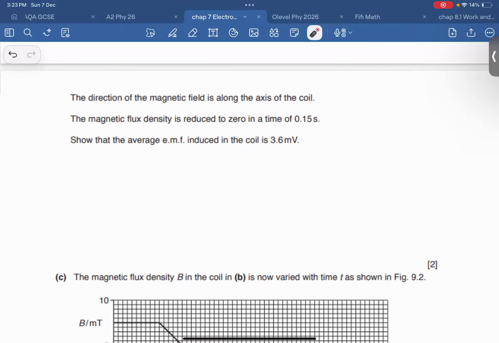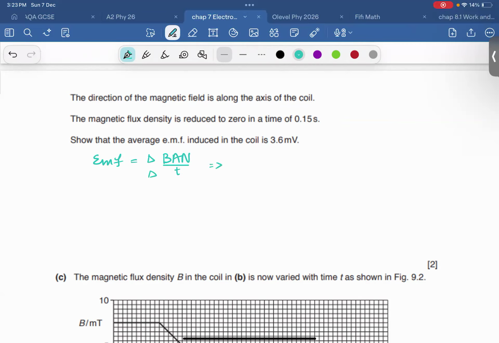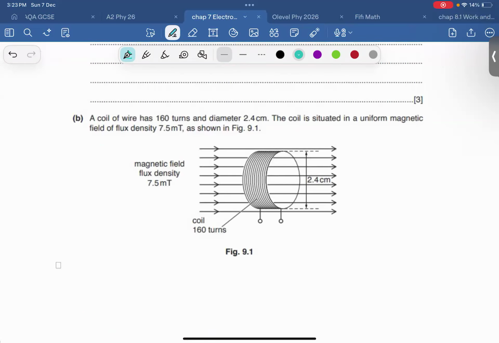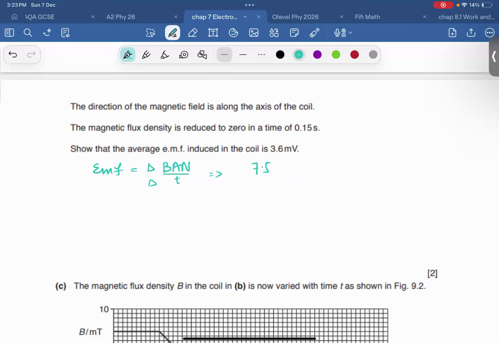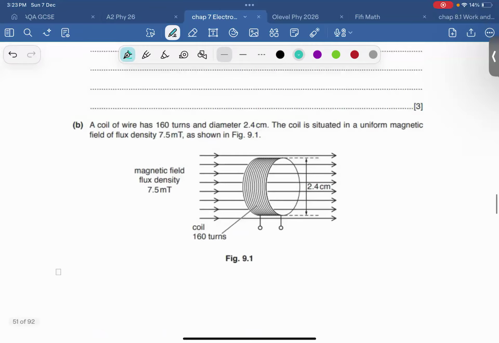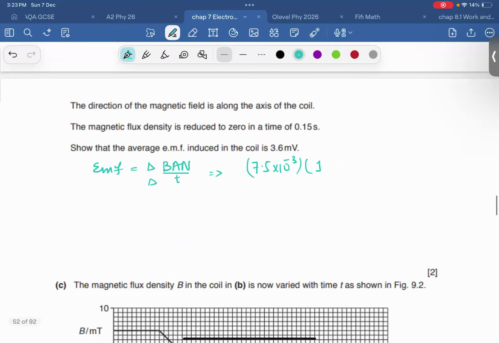So, average induced EMF. To find the average when the magnetic flux density is reduced to zero, you use the formula induced EMF equals BAN over t. You know that B is 7.5 millitesla, 7.5 exponent negative 3, and A is pi r squared: the diameter is 2.4, so the radius is 1.2, 1.2 exponent negative 2, squared, times pi.